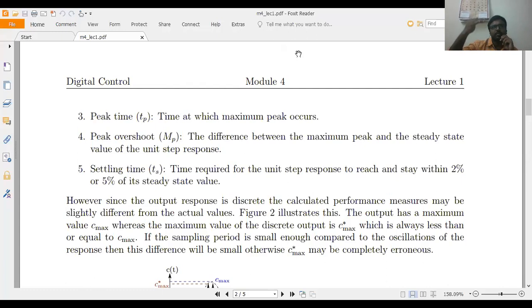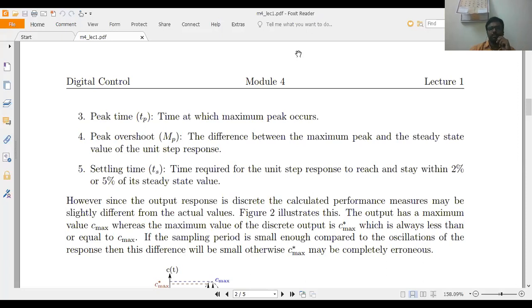While considering the maximum value of the unit step response, that particular maximum is considered as the peak. This is the third transient state specification.